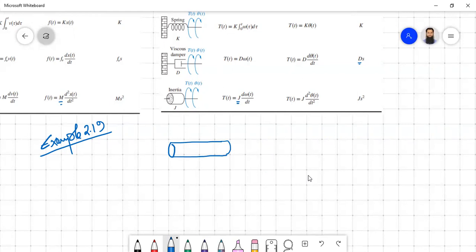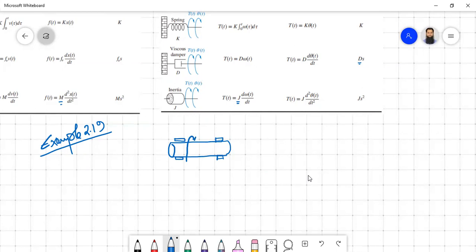Now, with this rod there is a bearing actually holding this device. Two bearings are there, one bearing on this side and the other bearing here, and torque has been applied on one side of it. This rod can experience torsion or twist.